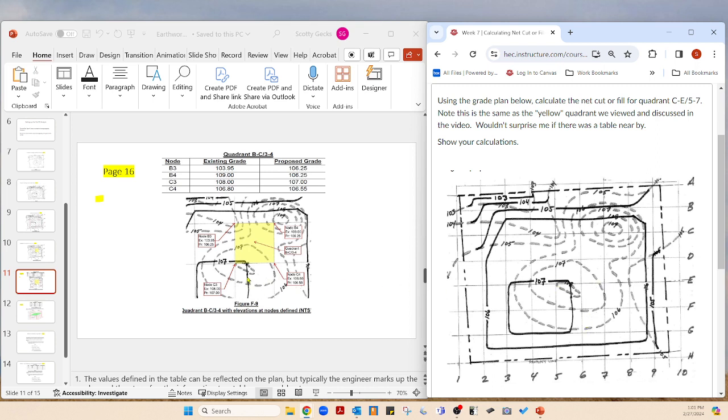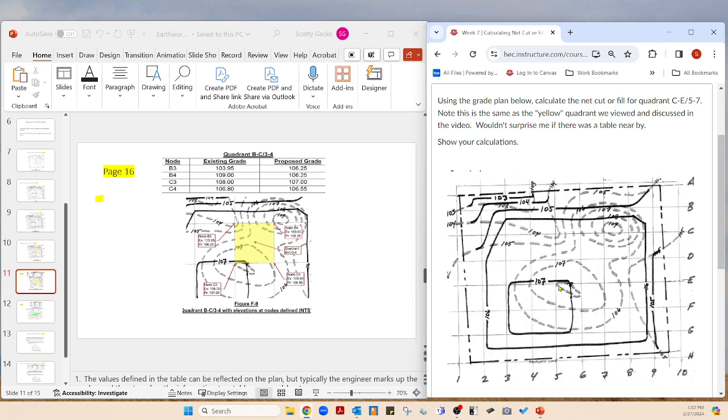If we want to find another one, that's similar. Let's go with this is node C3 to them, and see where it is up here close to the 107 grade. That would be the same as this one, which is E5 for us. So let's just think for a minute before we say anything.